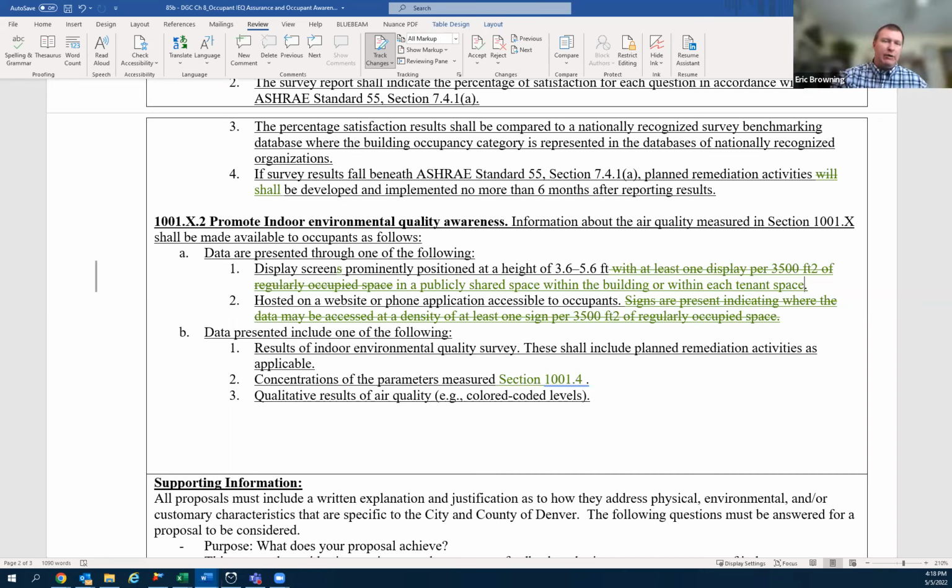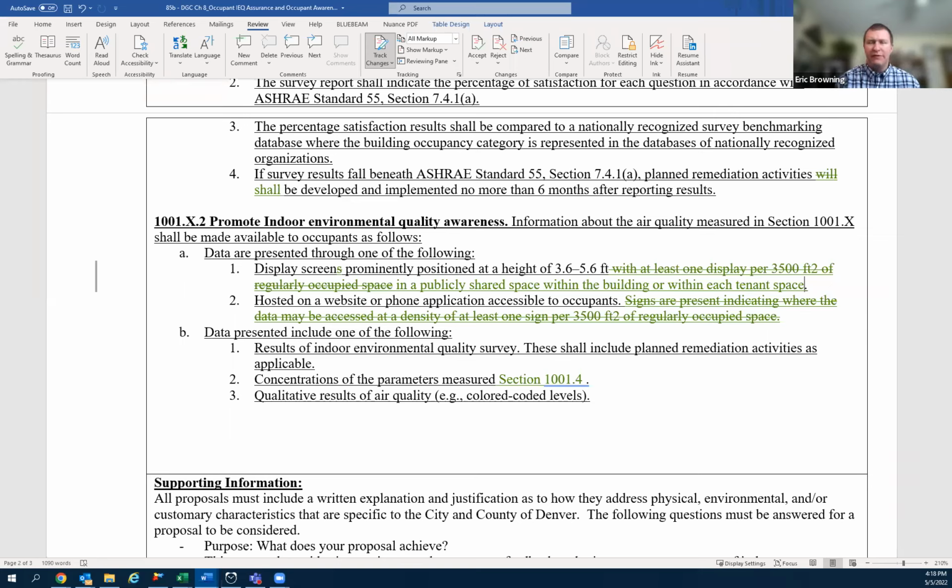I would be hesitant to require only a single screen in the front entrance of a building that's got 60 suites in it. That doesn't seem like it's meeting the intent of these provisions. I agree with you that the 3,500 square foot was, to me anyway, a bit of a challenging number to work with.